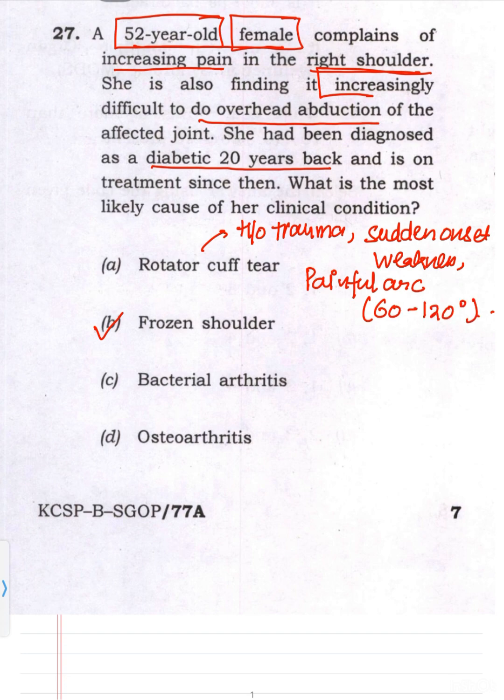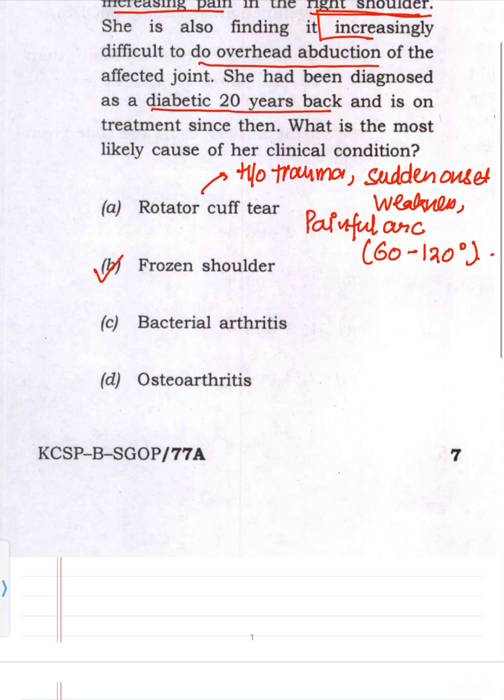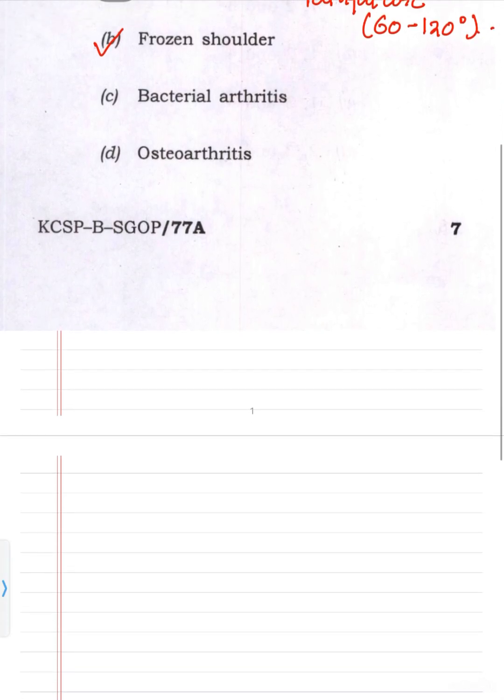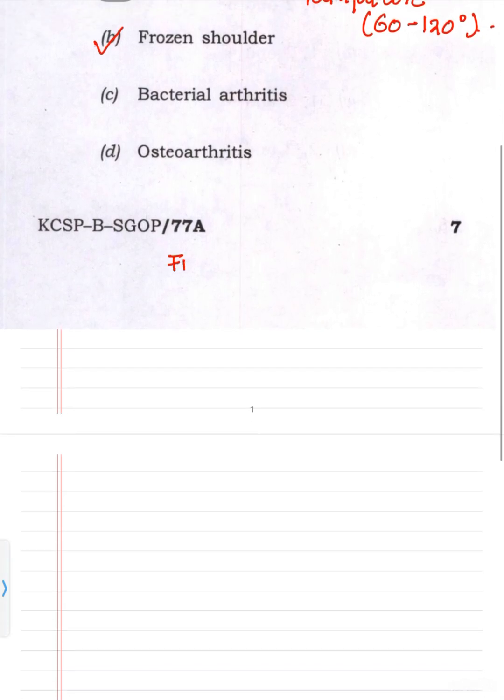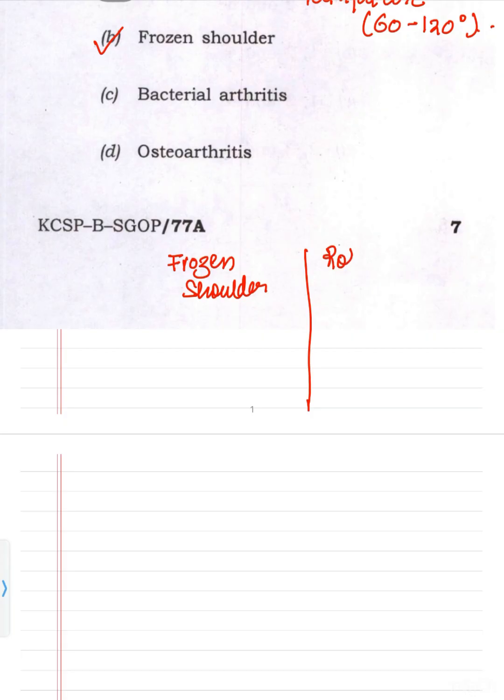So if this would have been the history, the answer would have been rotator cuff tear. There are certain differences that we should know between the frozen shoulder and rotator cuff tear, because the differential diagnosis of the frozen shoulder is rotator cuff tear.